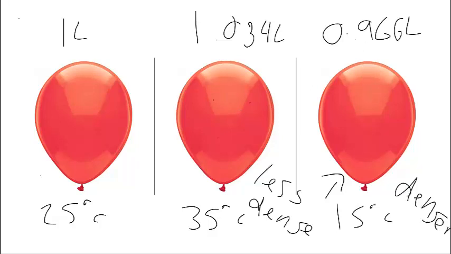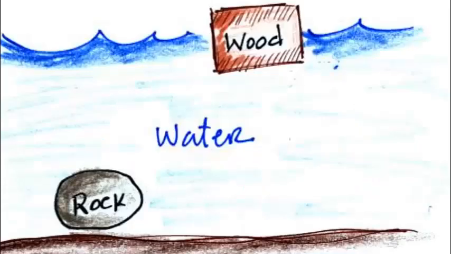The less dense an object, the more it wants to rise. Just like a piece of wood will float on top of water, and a rock will sink. The wood is less dense than the water, but the rock is more dense than the water.